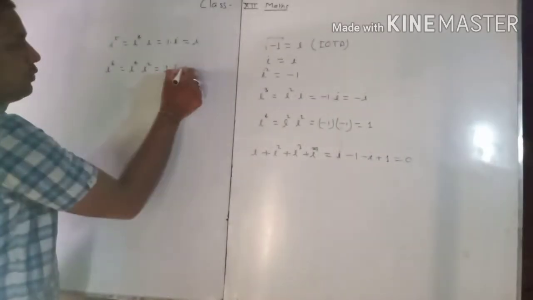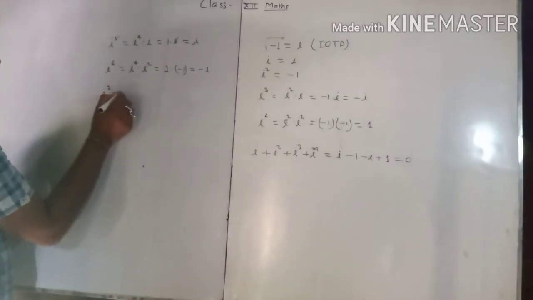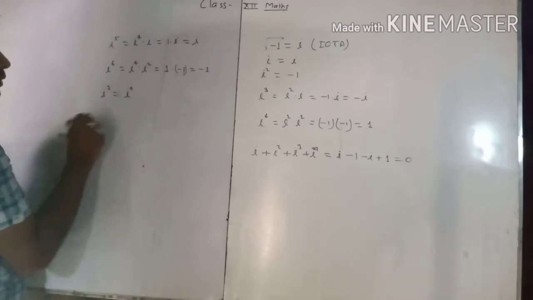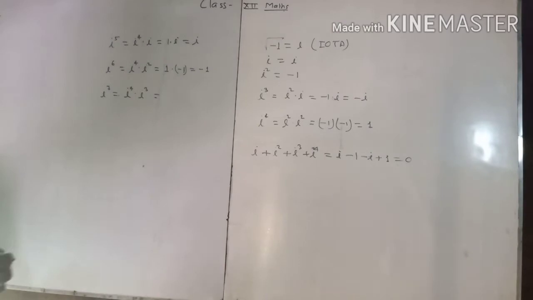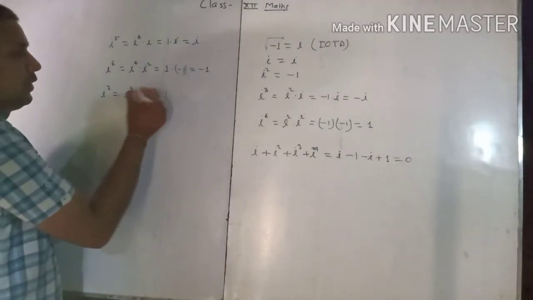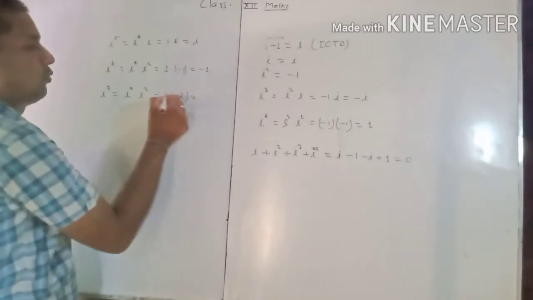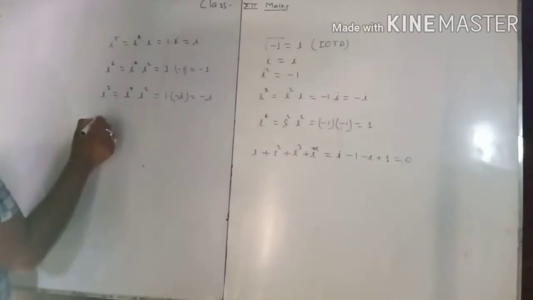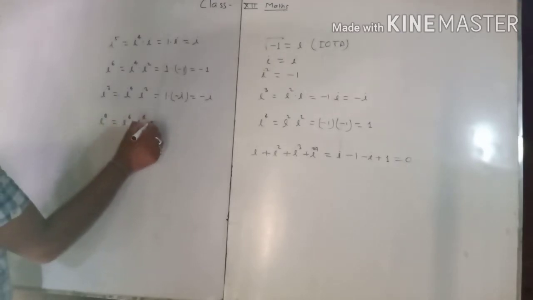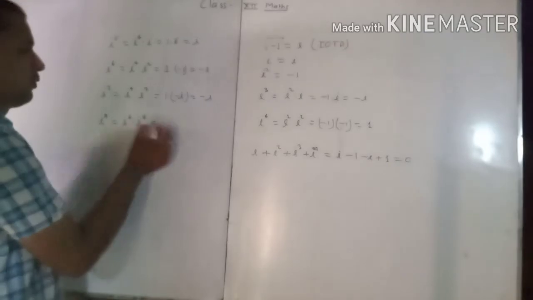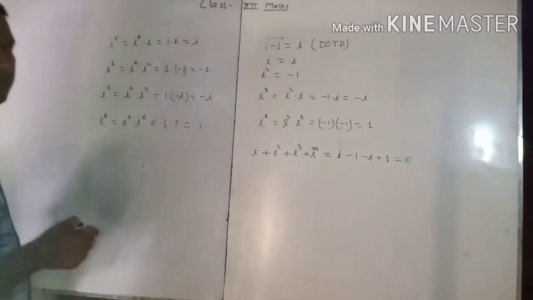So 1 into minus 1 means minus 1. i to the power 7 is i to the power 4 into i to the power 3. i to the power 4 means 1 and i cube means minus i. So 1 into minus i means minus i, and i to the power 8 is equal to i to the power 4 into i to the power 4. So i to the power 4 means 1 and i to the power 4 means 1. So 1 into 1 is equal to 1.